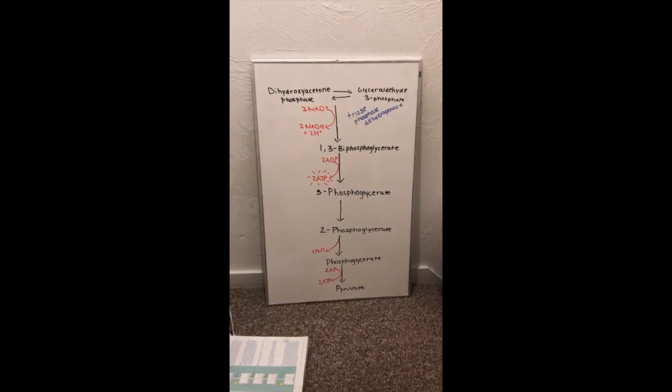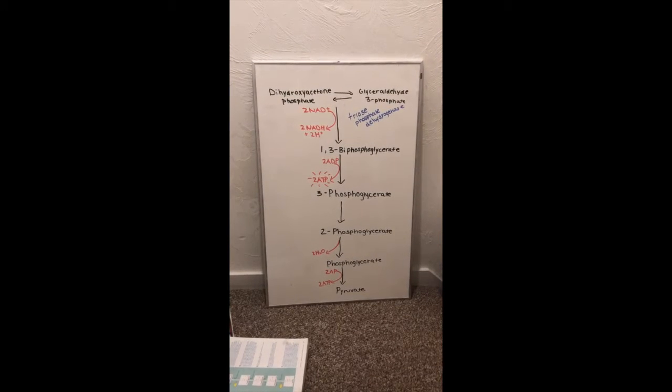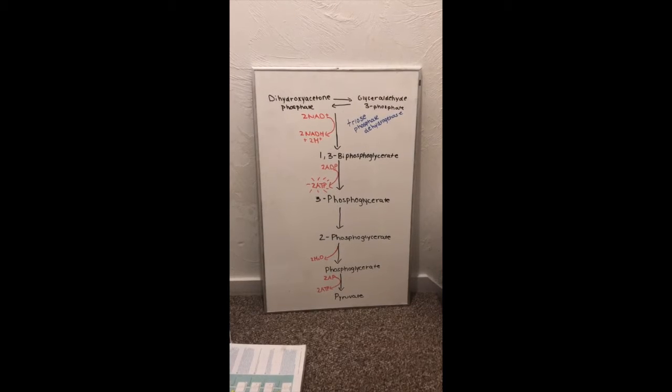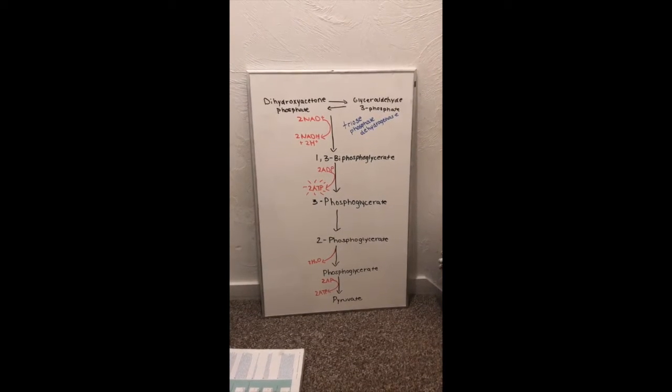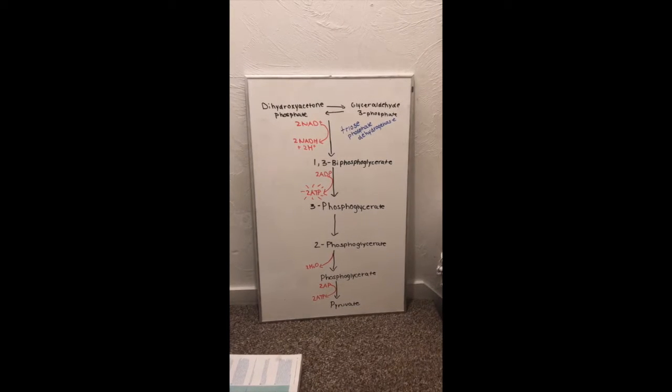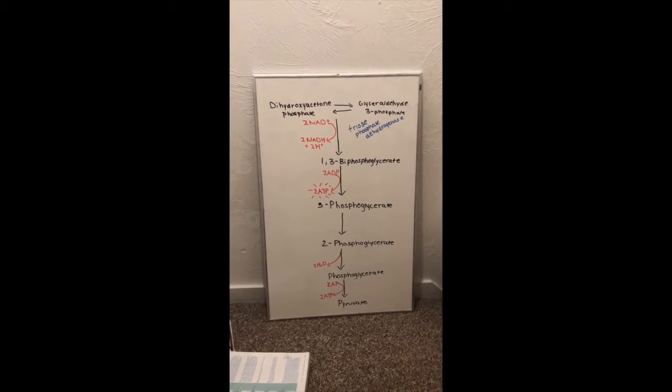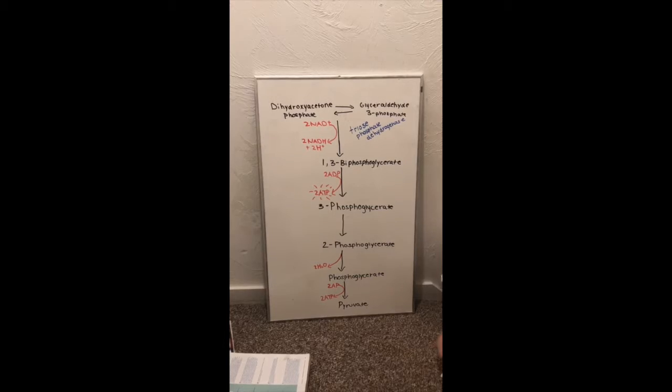Glyceraldehyde 3-phosphate is oxidized due to a transfer of electrons and H+ to NAD+, forming NADH, which has a lot of potential energy. Glyceraldehyde 3-phosphate is now 1,3-bisphosphoglycerate.